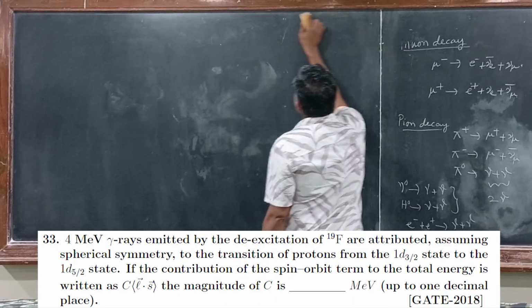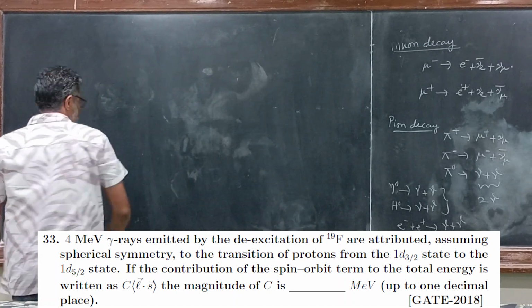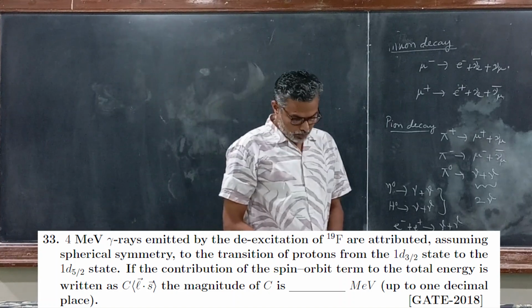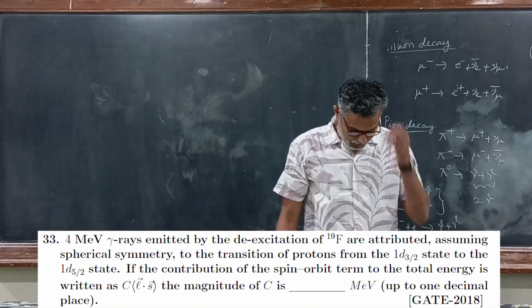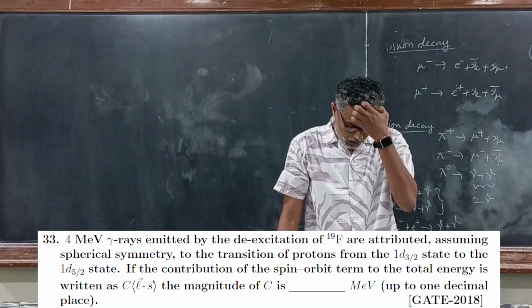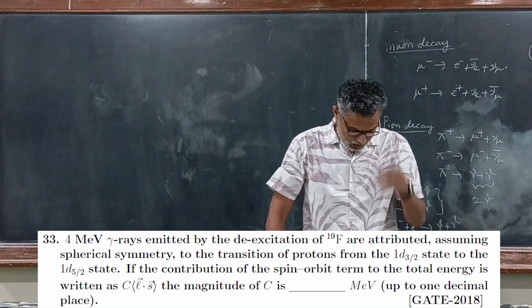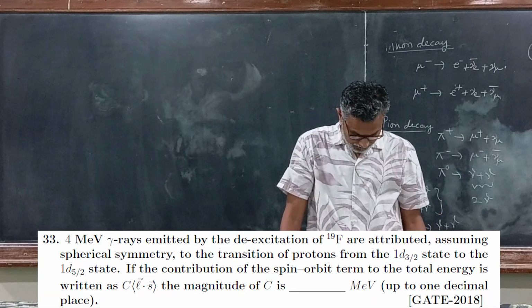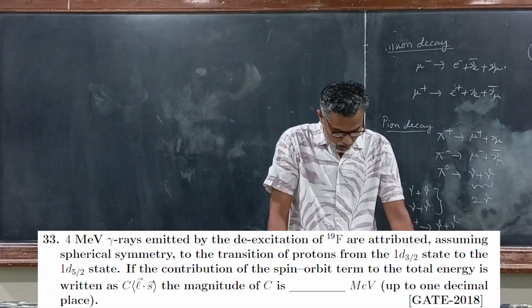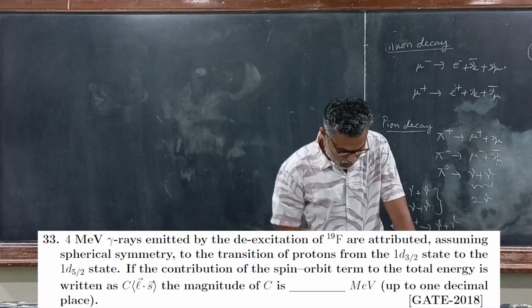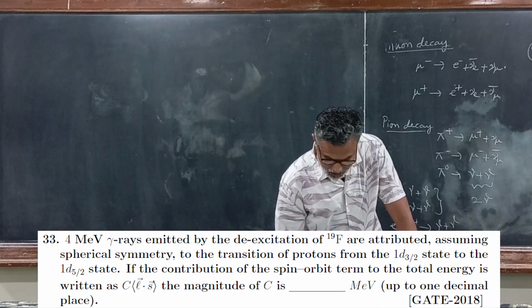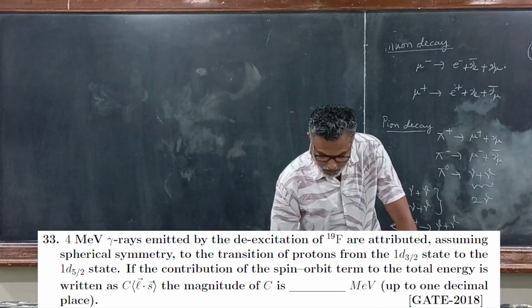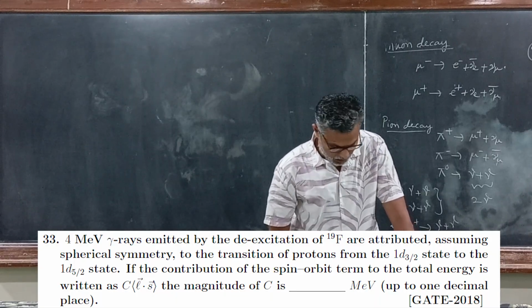So basically the elementary particles are classified based on the interactions, based on the spin, and based on the, what do you call this? Yeah, these are the major types.